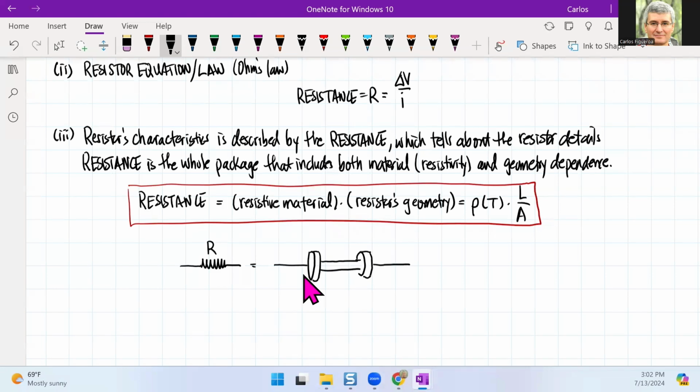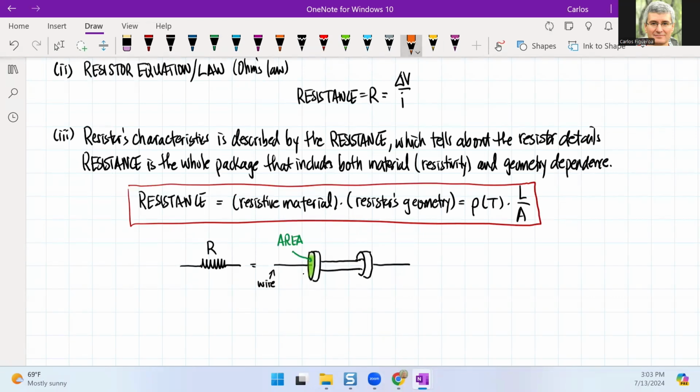And then it's going to look something like this. This right here is a wire, just like with the capacitor. I'm going to define the area right here. So this guy right here tells us about the area of the resistor.